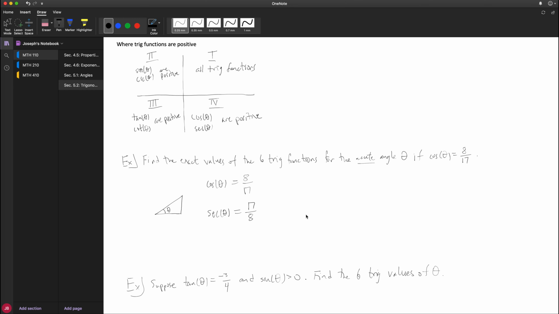But now to find the other 4, I'm going to observe the following. Well, I have a Pythagorean identity. I know that cos squared theta plus sine squared theta equals 1, right? Cos of theta is 8 over 17. Okay, so 8 over 17 squared is 64 over 289.